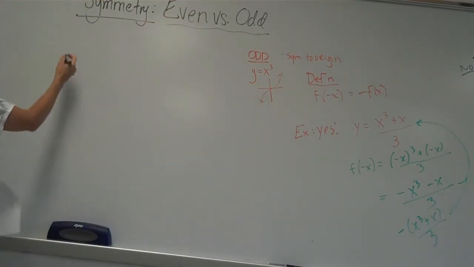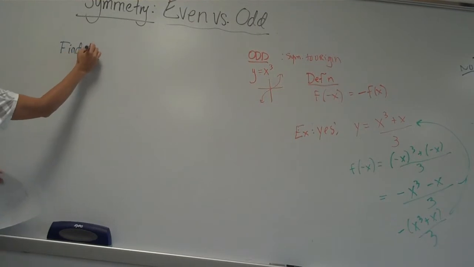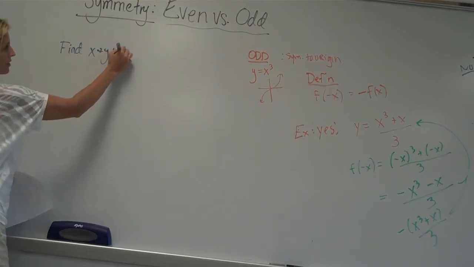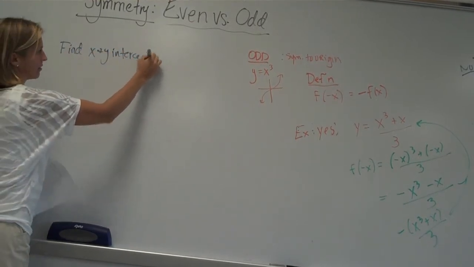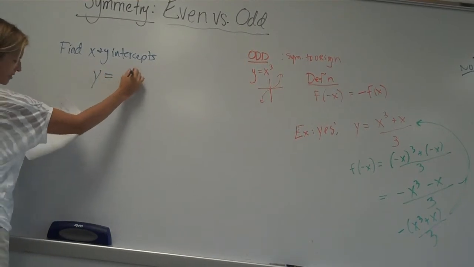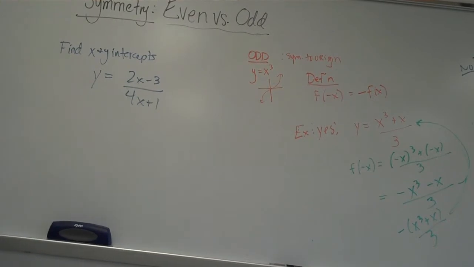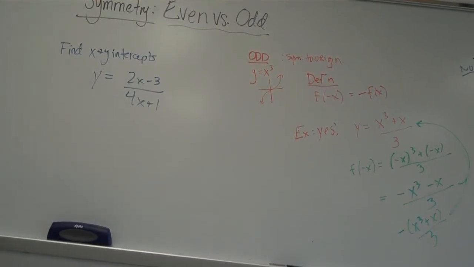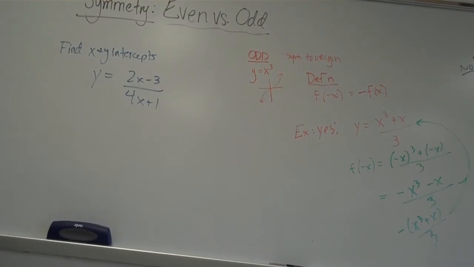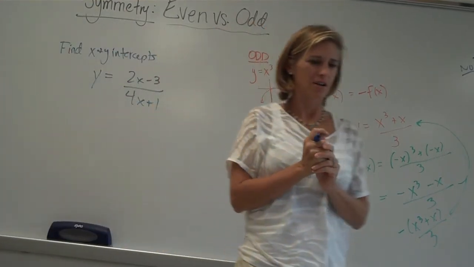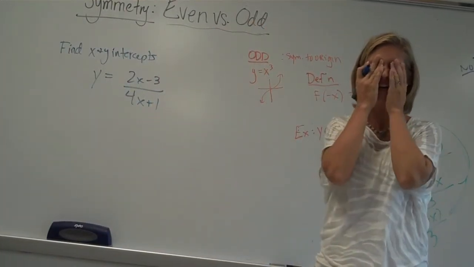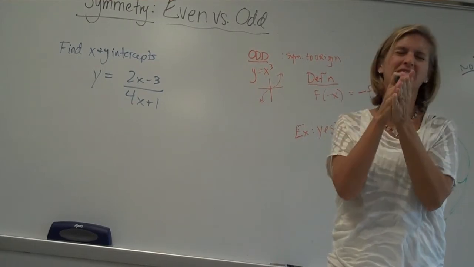If I asked you to find x and y intercepts for y equals 2x minus 3 over 4x plus 1. This is a dumb thing to say, so sorry, but sometimes I'm like, okay, when x is 0, which one is that?